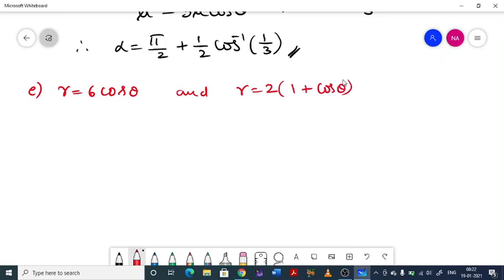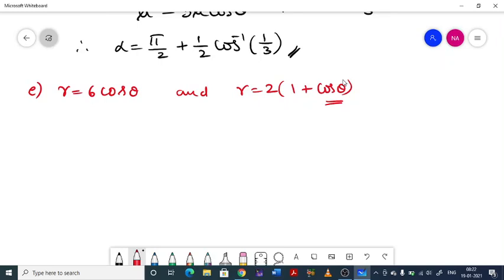This is almost the same as the previous problem. There you have constant A, and here you have particular values 6 and 2. So I think you can try this one. R equal to 6 cos theta and R equal to 2 times of 1 plus cos theta.